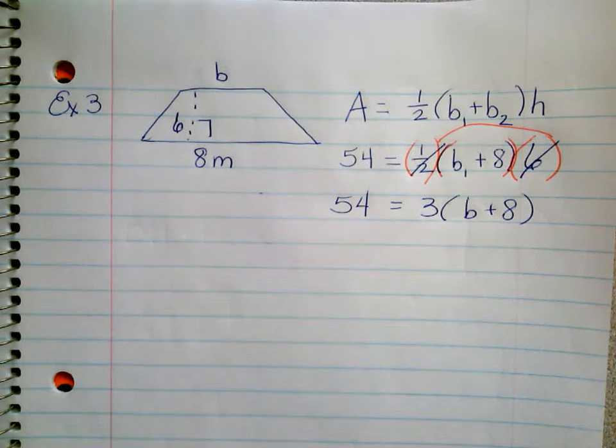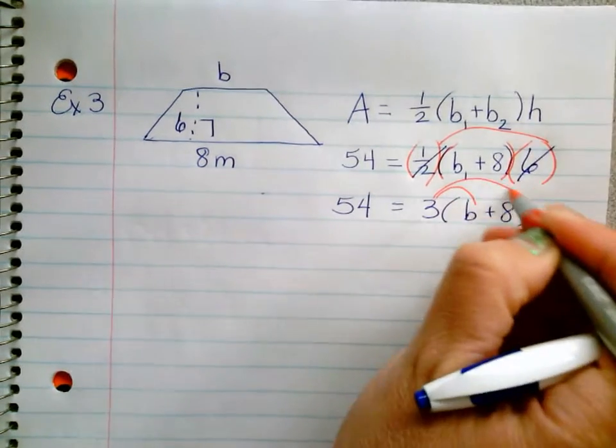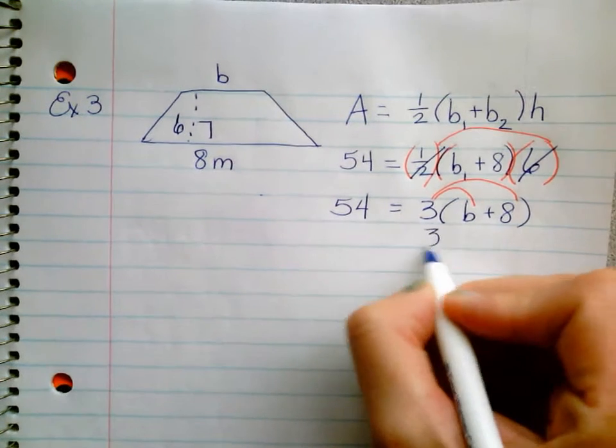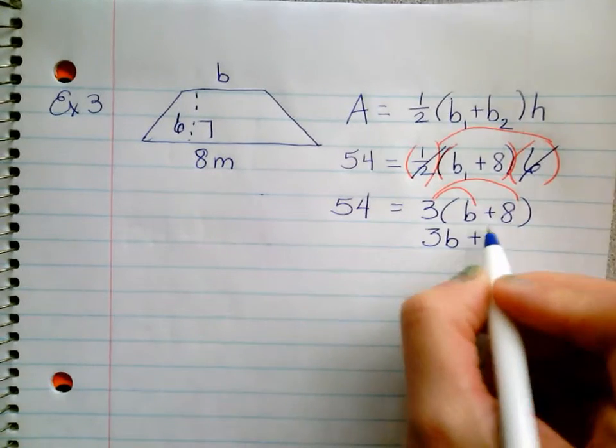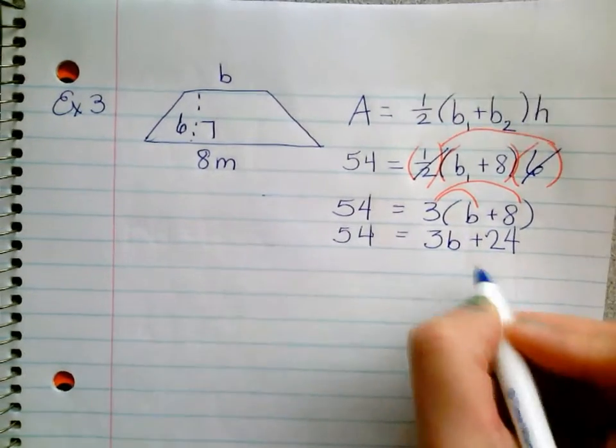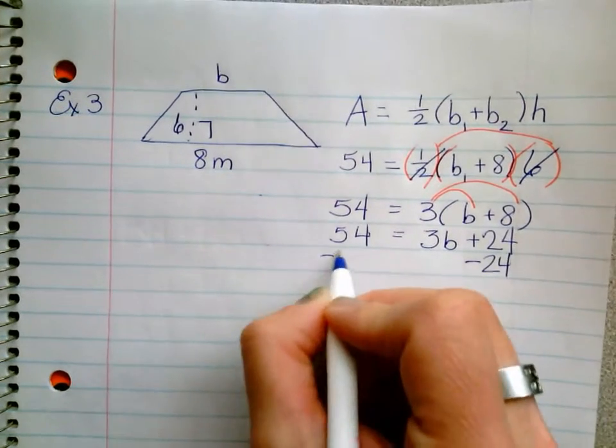Do you guys remember that when you have to multiply the outside number over the pieces within the parentheses, you have to multiply that number over both pieces? Anybody know what 3 times b is? 3b, very good. Anybody know what 3 times 8 is? Good. If I were you, I would solve by subtracting.